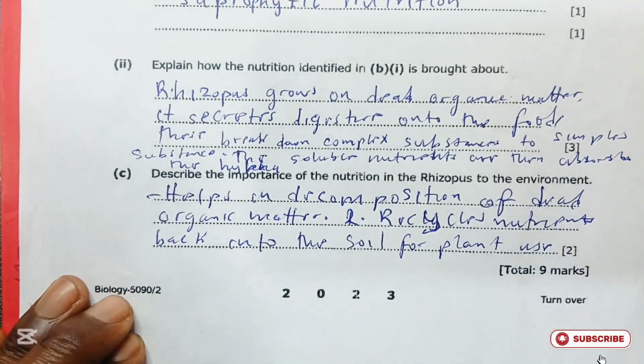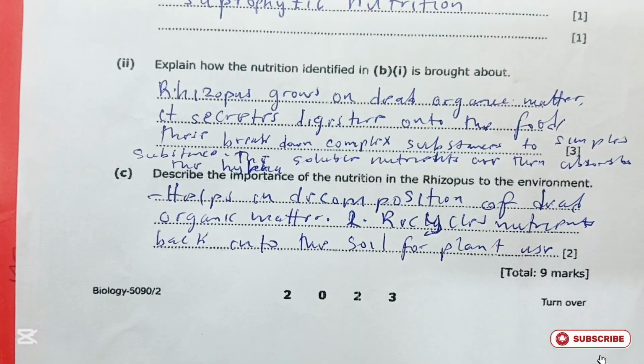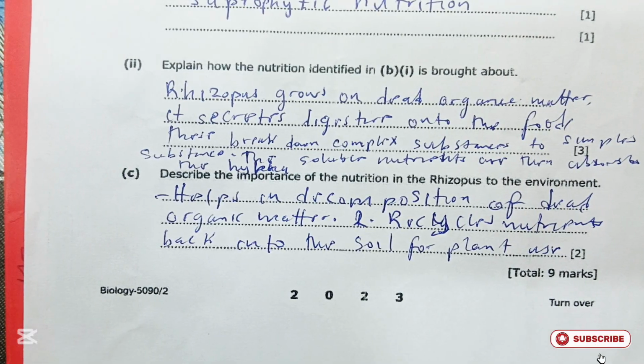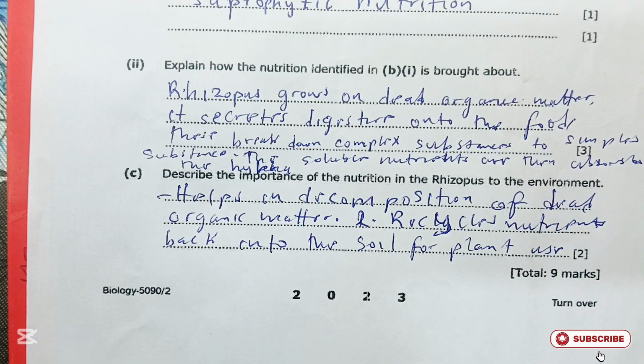So you say the importance of this nutrition in the Rhizopus to the environment: it helps in decomposition of dead organic matter, and second, it recycles nutrients back into the soil for plant use.